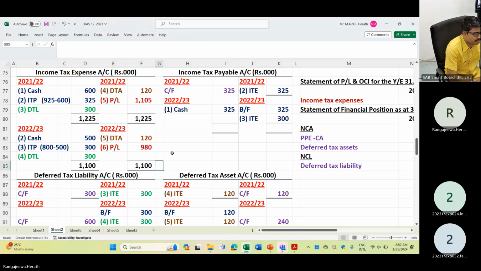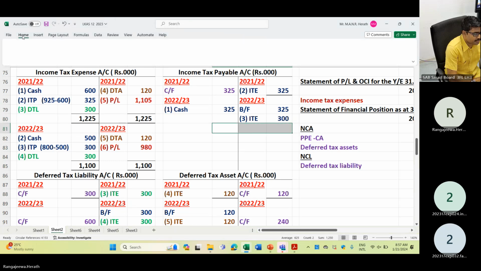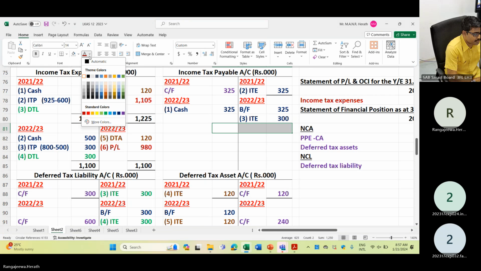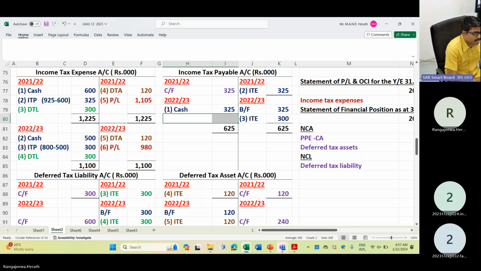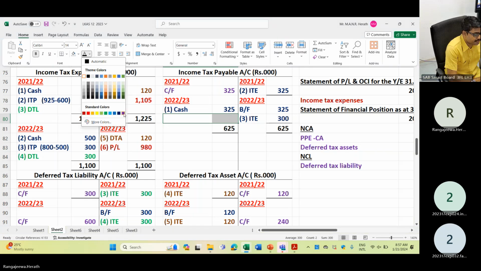The tax payable account carried forward balance is 300.